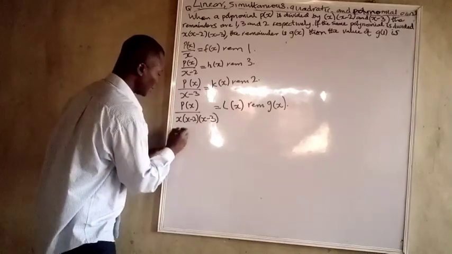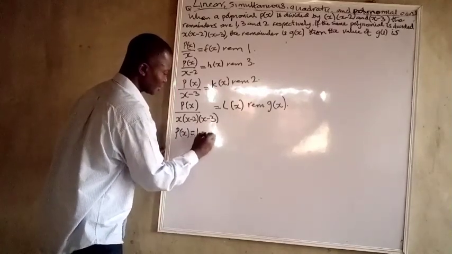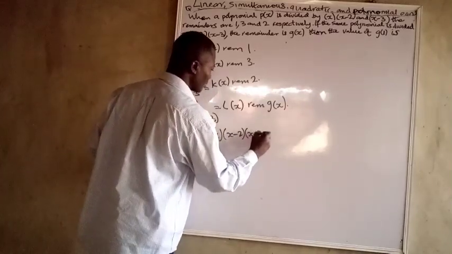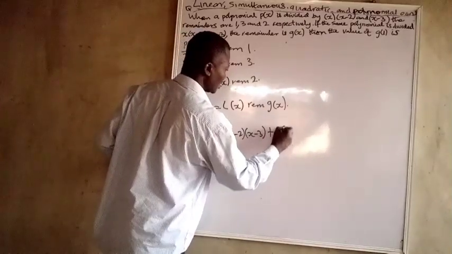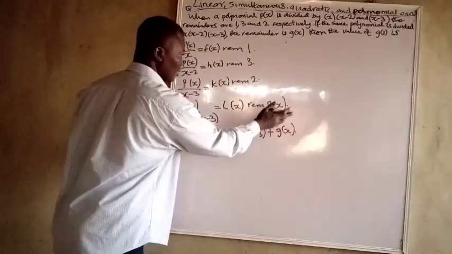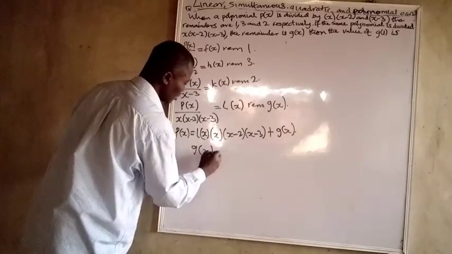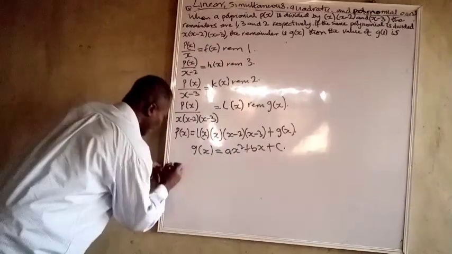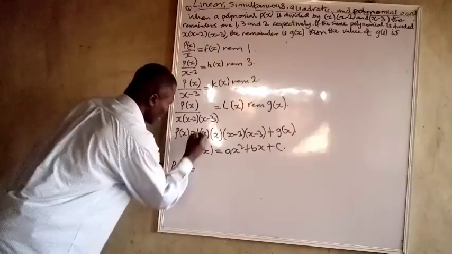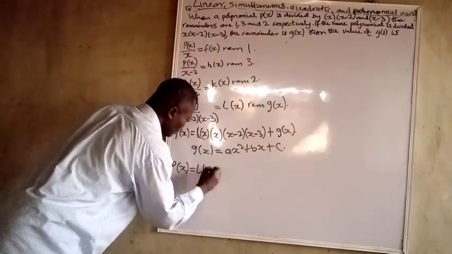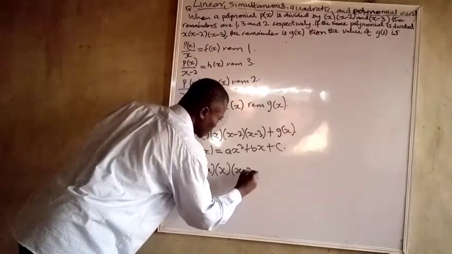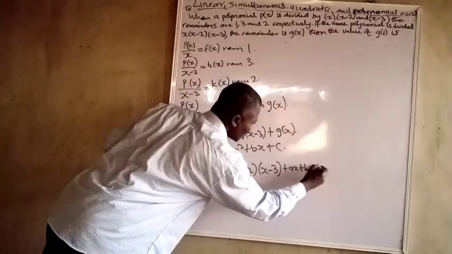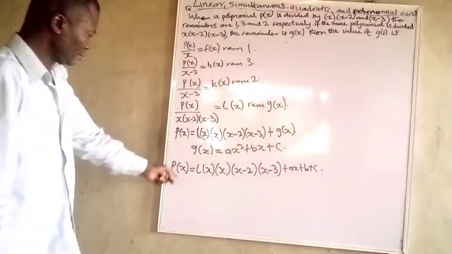So we can now say p(x) is equal to l(x) into (x - 2) into (x - 3) plus g(x). And as I explained, g(x) will be a quadratic, so g(x) will be ax^2 + bx + c. Therefore, we can now express p(x) as l(x)(x - 2)(x - 3) + ax^2 + bx + c.